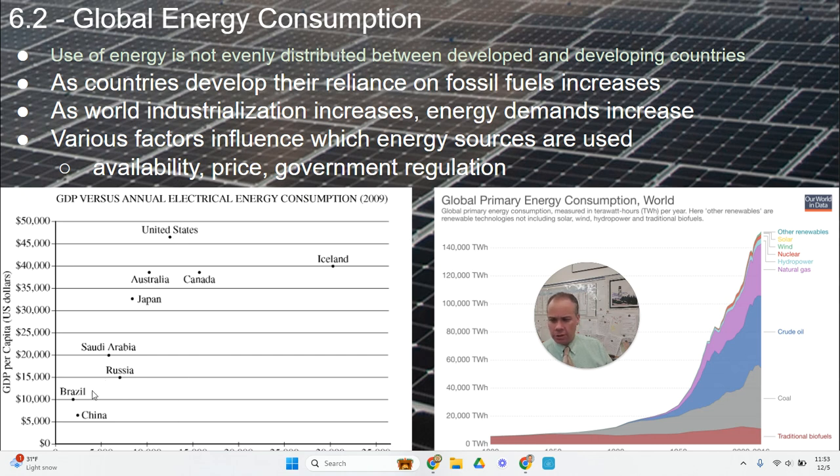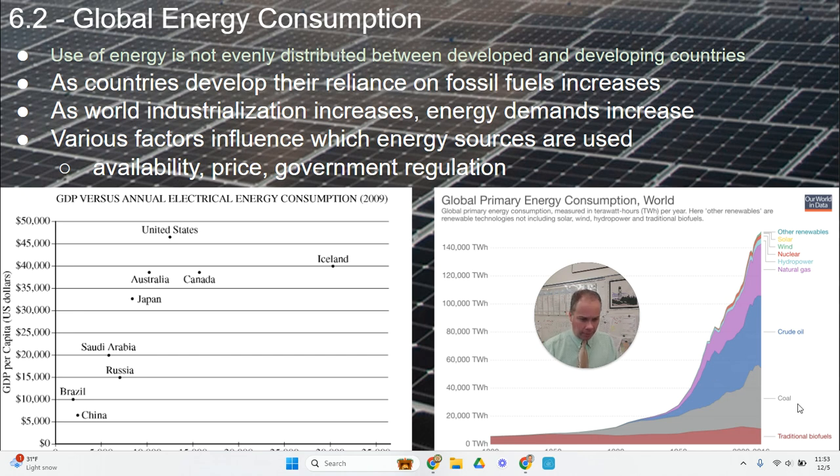If we look at some other countries, let's say Brazil has a much lower GDP, but also much lower energy utilization. Now this is electricity in this case. And so we see generally as countries grow their economies and grow their GDP, that typically comes along with increased consumption of energy.